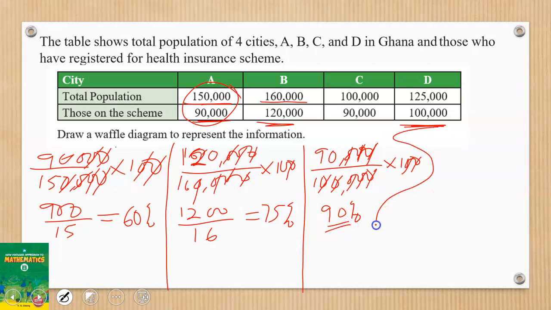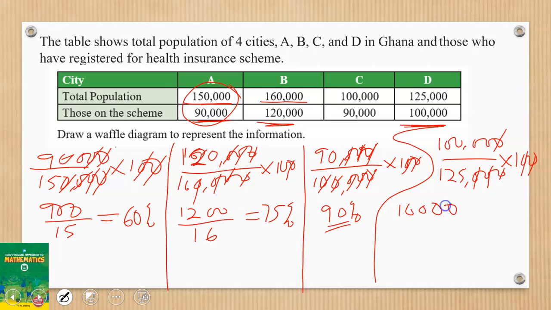Then the final city, 100,000 divided by 125,000 times 100. Again we cancel, so we have 10,000 divided by 125. And when you do 10,000 divided by 125, we have 80%.